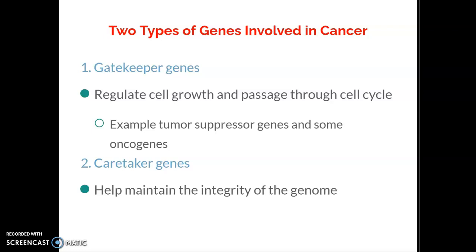If we look at a tumor suppressor gene, that is going to stop the cell cycle, put it in G0 and try to repair it with other types of enzymes. Those helper enzymes would be an example of the gatekeepers. Now, caretaker, again, helps to maintain the integrity of the genome. What that means is it does a lot of DNA repair. So repairing that DNA is going to be critical.